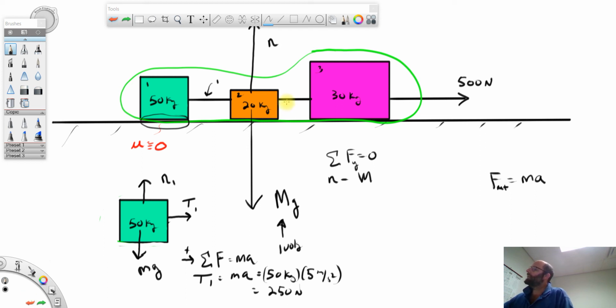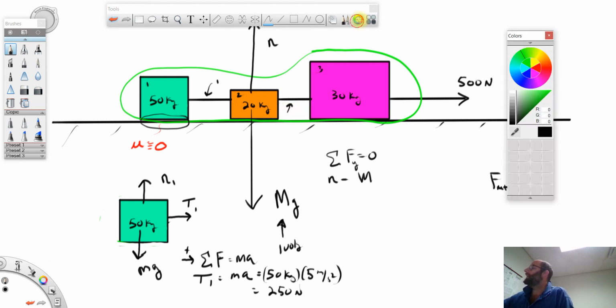All right, next we're going to talk about finding the tension in rope 2 there. There's lots of different ways to do that. We could draw a free body of this part of the system. That would work because it would have this external tension. We could draw a free body of this.